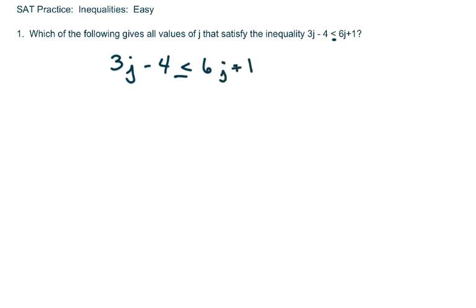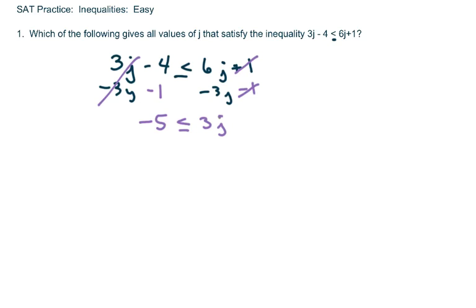So basically, let's just solve for j. I'm going to subtract 3j from both sides, and I'm also going to subtract 1 from both sides. So this will cancel, and this will cancel, and you get negative 5 is less than or equal to 3j.